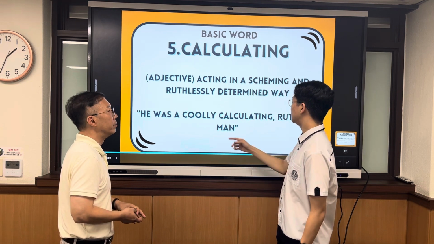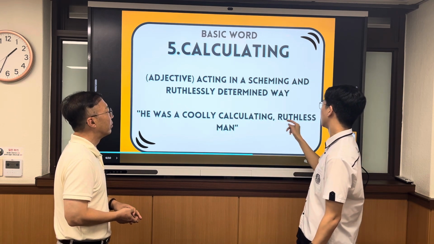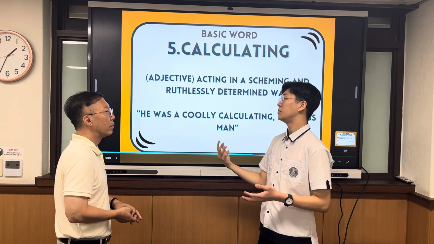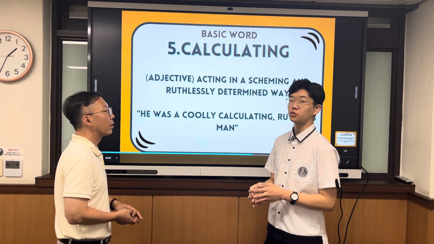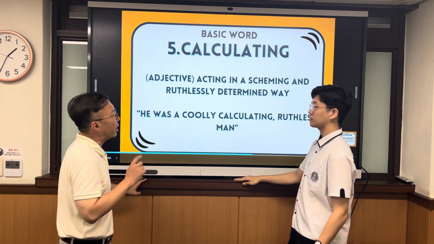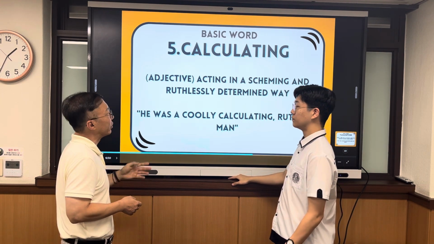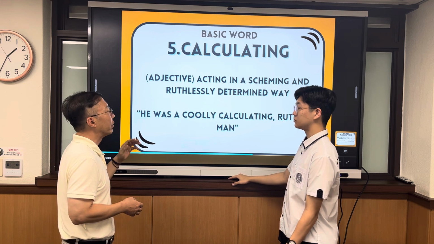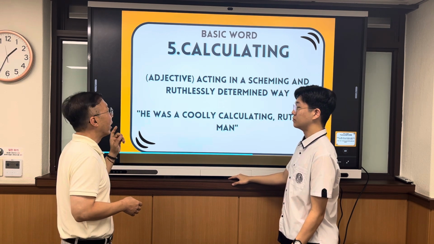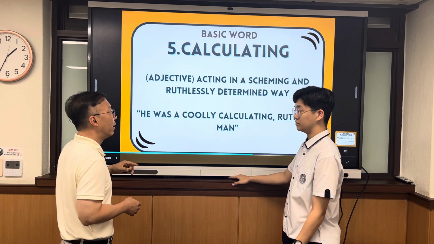Right. Okay. Here's an example sentence. He was a coolly calculating, ruthless man. So he calculates every moment, every efficiency, and tries to work like a robot, not a human. Some people, when they act, just make an action without thinking about consequences, without making any kind of plan. That kind of person is not a calculating person.